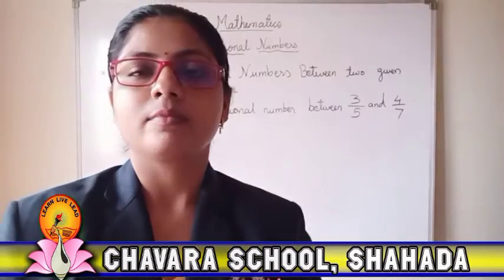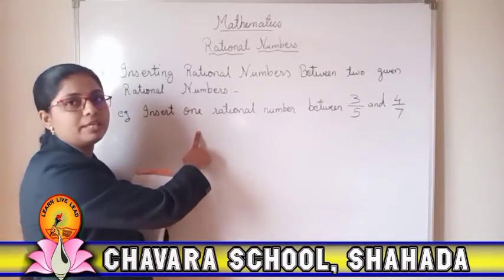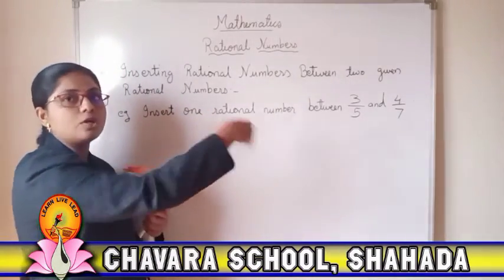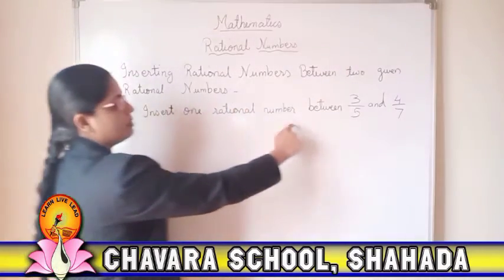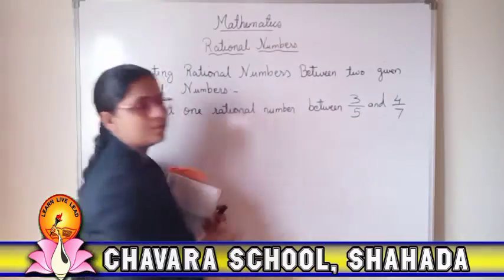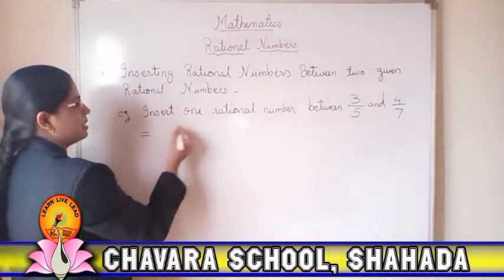Okay. Now suppose the example is given to you in fraction form. How will you insert a number? That I will show now. Insert one rational number between 3/5 and 4/7. In this case nothing is difficult.